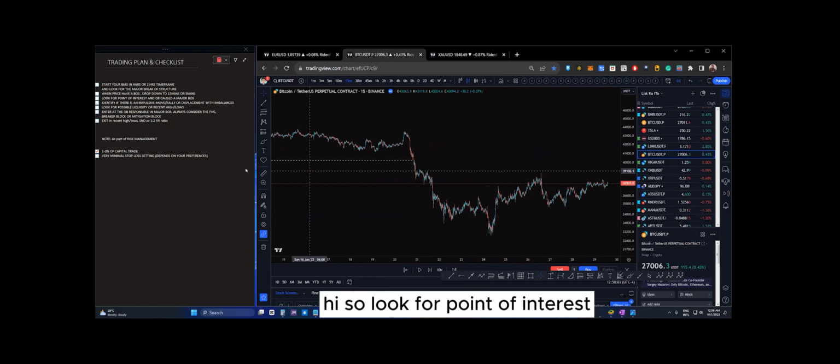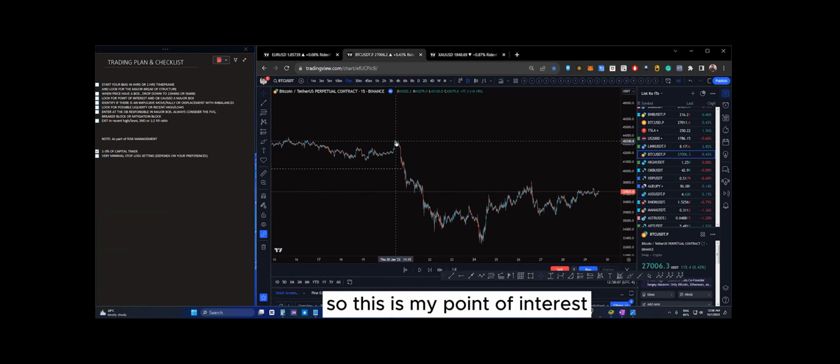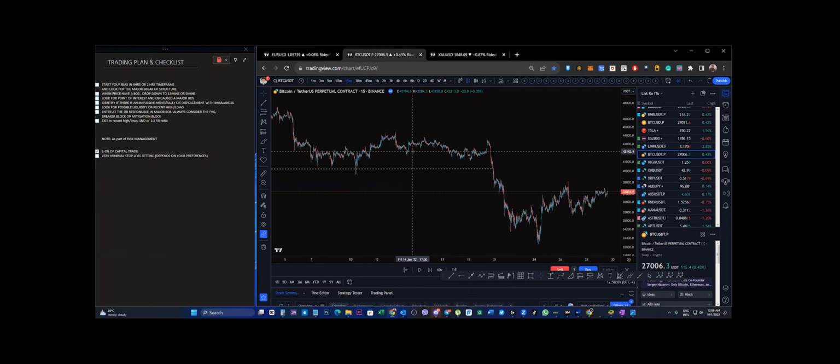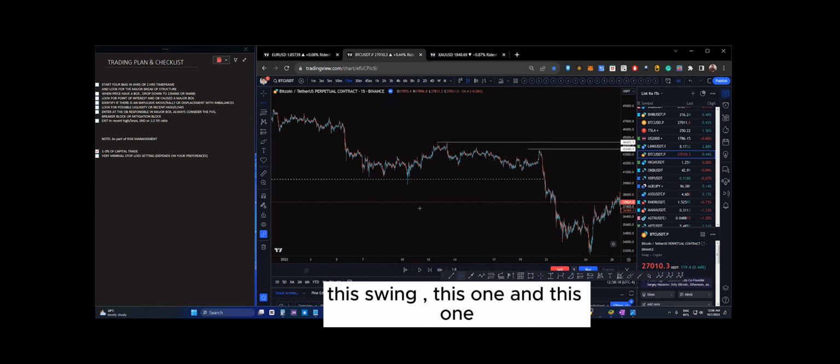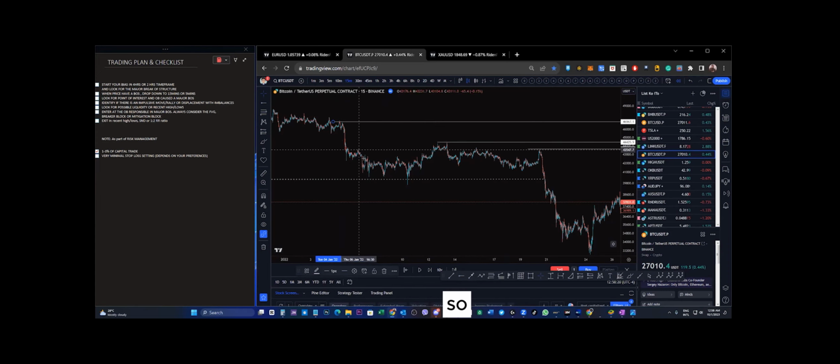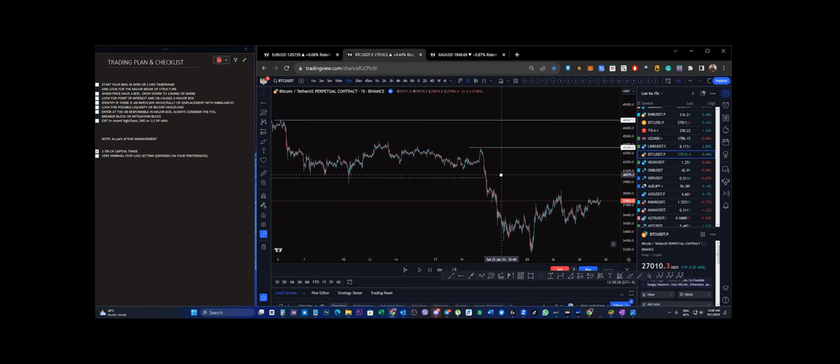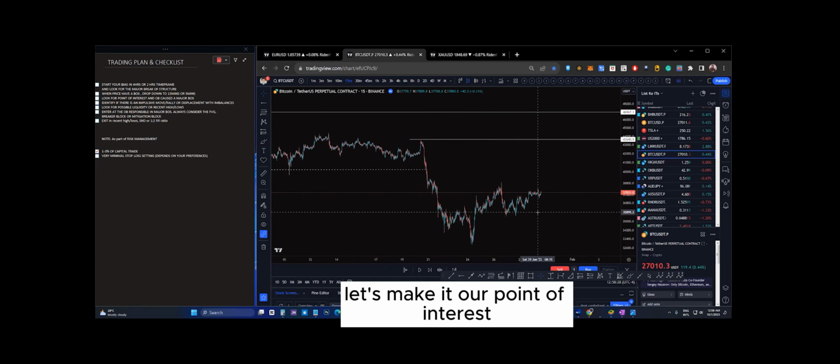Okay. So, look for point of interest. So, this is my point of interest. Yan, yung swing na yan, yung swing na yan. Okay, yung swing na yan, point of interest ko, yung swing na yan, at ito. Pero, kasi ito, tapos na. Okay, I mean, matagal na, although hindi pa siya nababalikan. So, let's make it our point of interest.